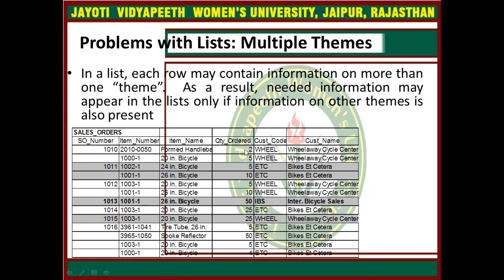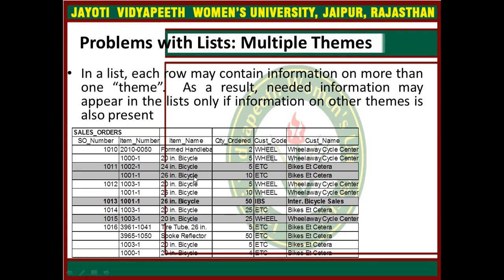Now the next is the problem with list: multiple themes. Means a list row may contain information on more than one theme, right? As a result, needed information may appear in the list only if information on other themes is also present.